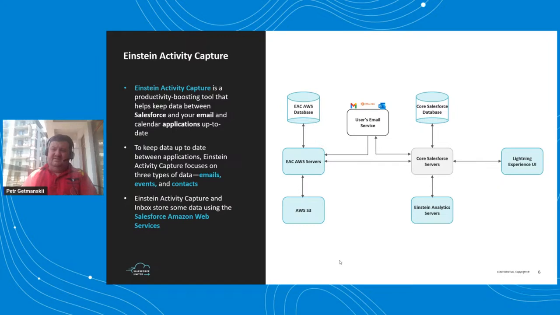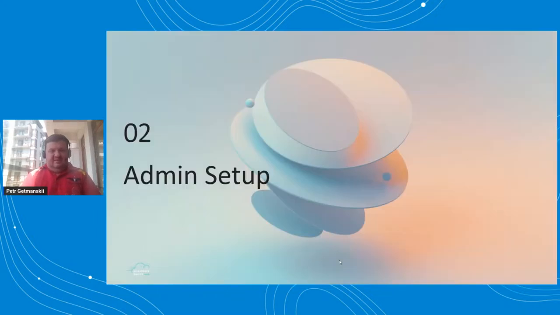So in this schema, our AWS third-party environment is a storage for mapped data only. Yes, it's data that is already mapped between the connected account and Salesforce, like a junction object between contacts in Salesforce and Outlook, or the same for events.